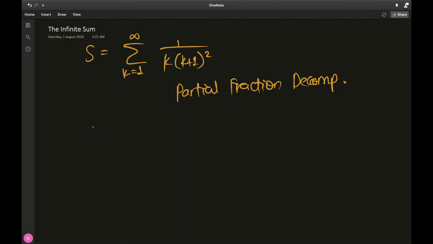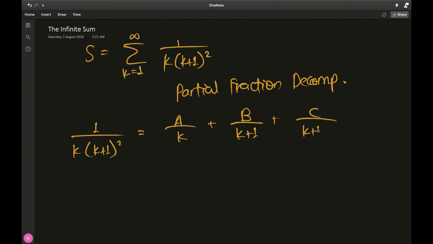So this means 1 over k times k plus 1 squared, forget the sum for now, is equal to A, some constant over k, plus B over k plus 1 plus C over k plus 1 squared.